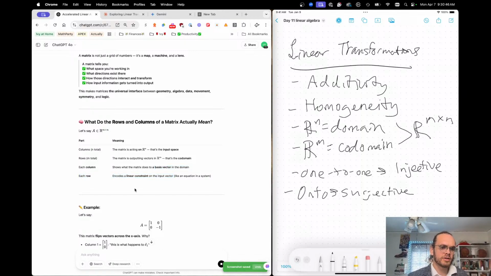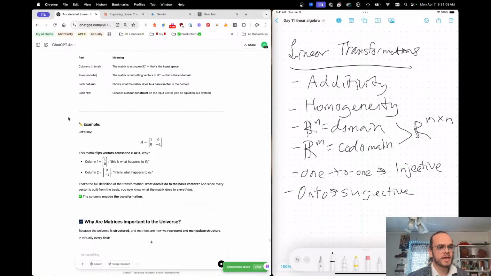And each row encodes a linear constraint on the input vector, like an equation in a system. So I kind of get that rows are like equations and columns are like basis vectors, saying what each variable is. I see them as systems of equations, kind of. Someone said that to me in a comment, and I guess that is sort of the simplification of all this.